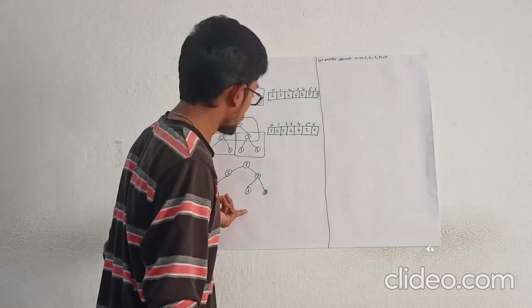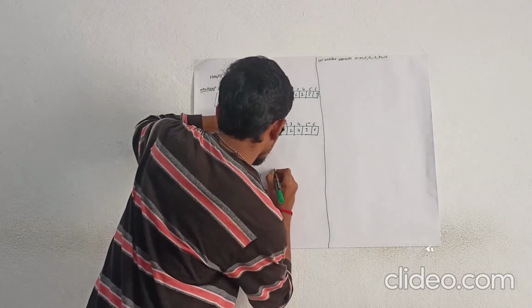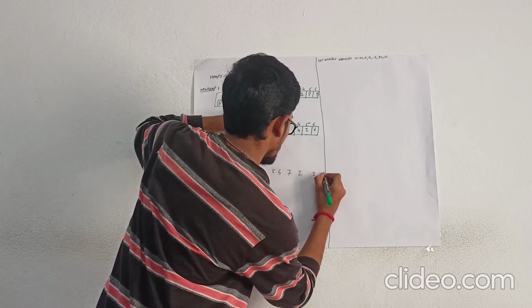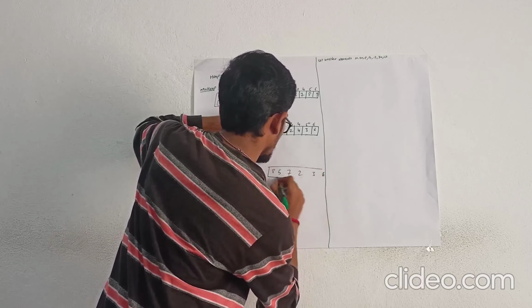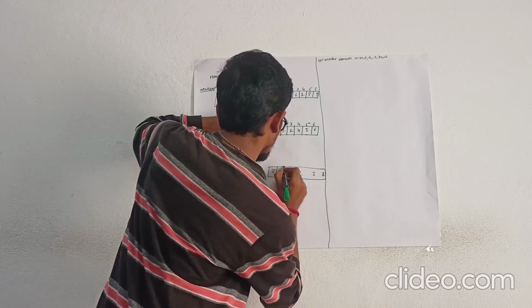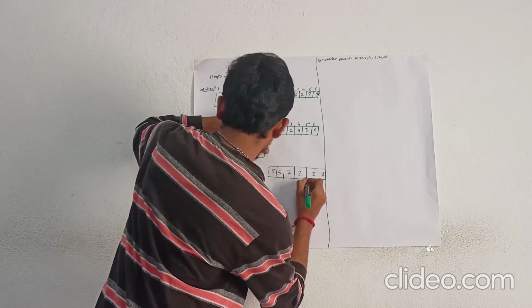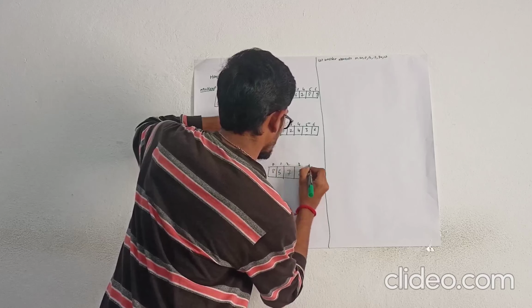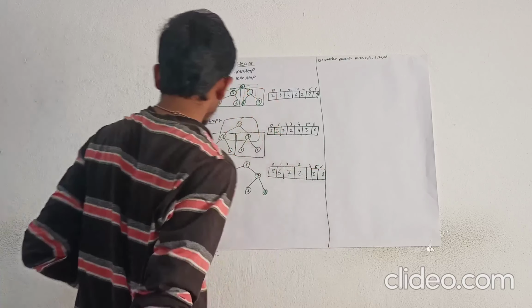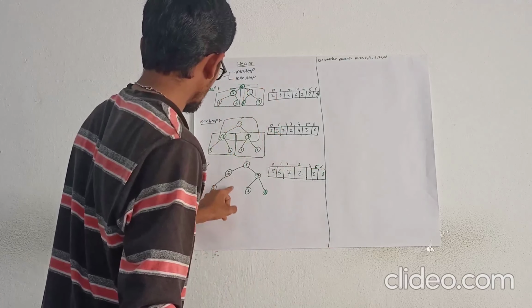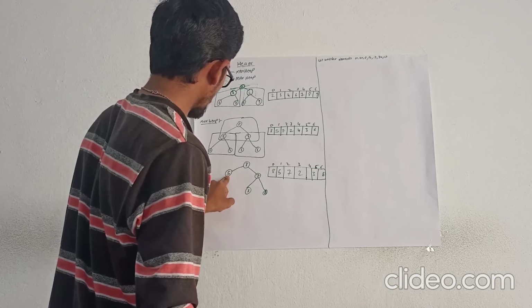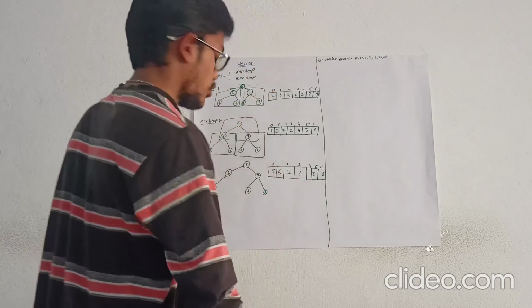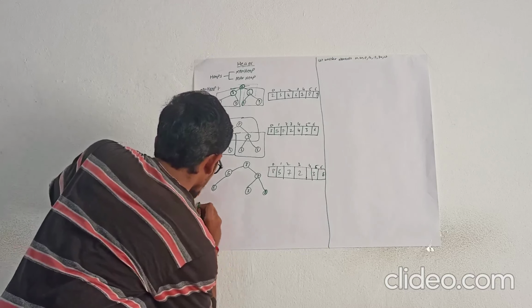So the memory representation of this example is this. Here there is no right child of the root node 5, so there is an empty space.